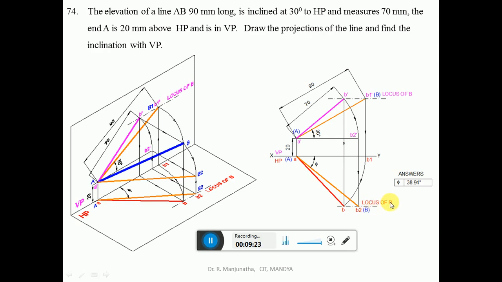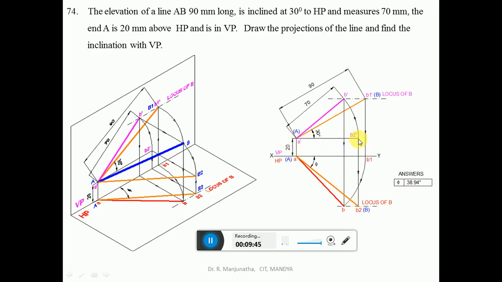Now we need to find out the true length in the horizontal plane. So you make the line which is inclined to HP parallel to HP. With A dash as center, take the radius of A dash B dash using the compass and draw an arc such that both A dash and B2 dash are above HP by 20 mm. Since A dash B2 dash is the line parallel to HP, you are getting the true length in HP.